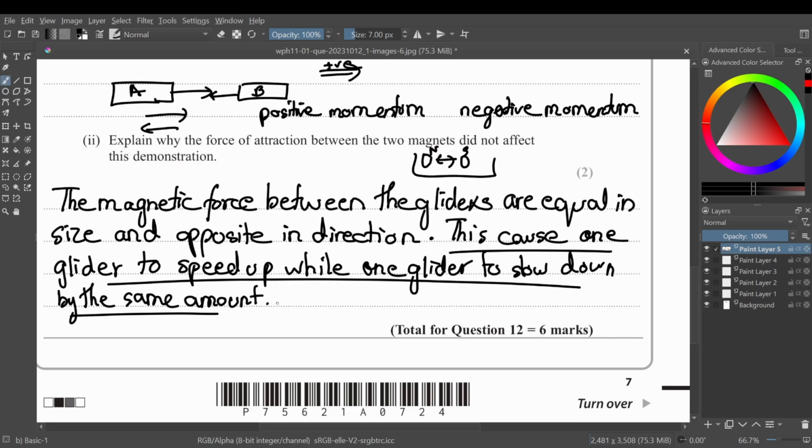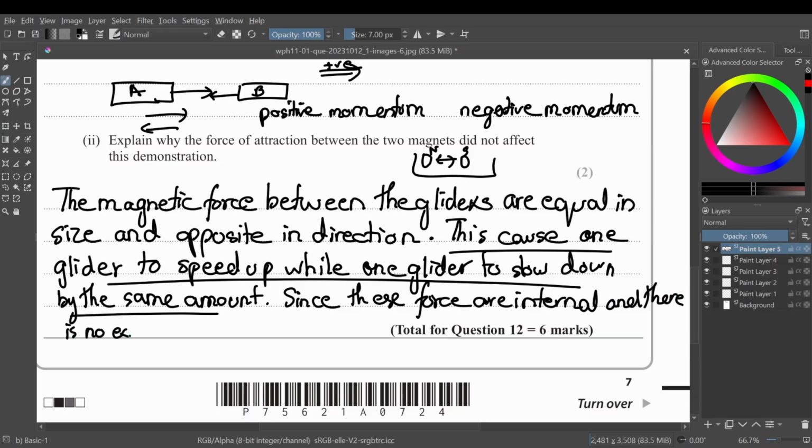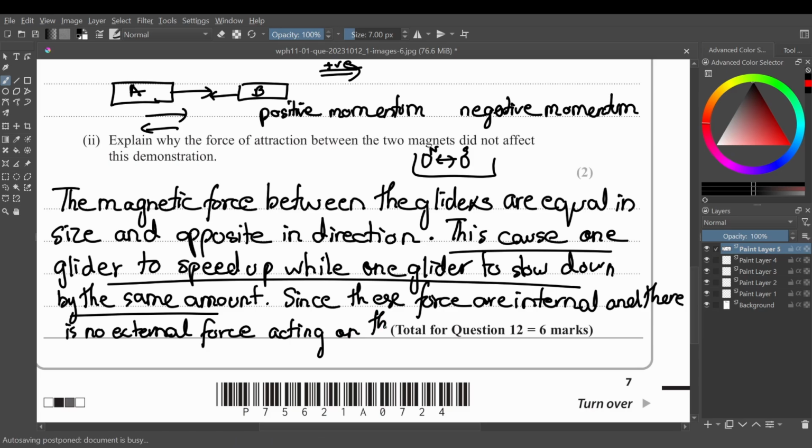So now we just have to add the final line here, which says that since these forces are internal and there is no external force acting on the system, right?